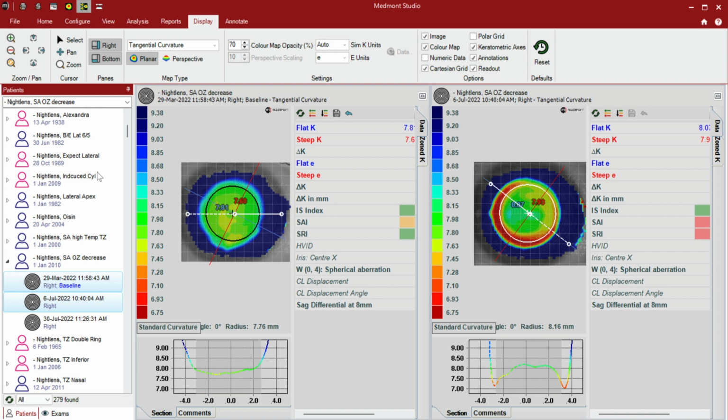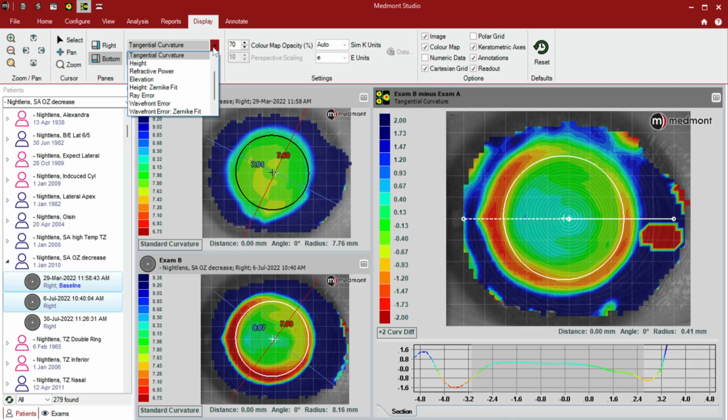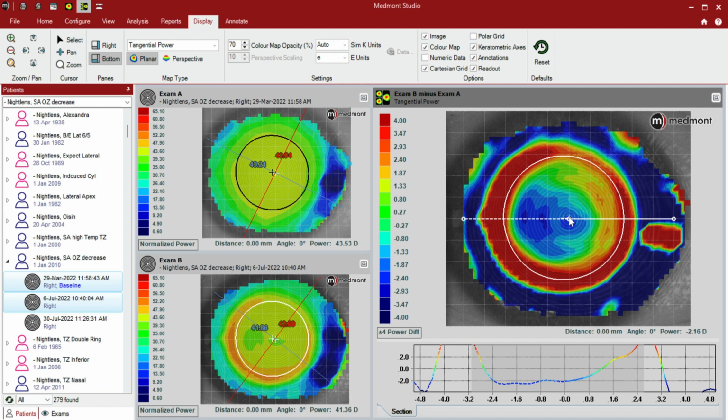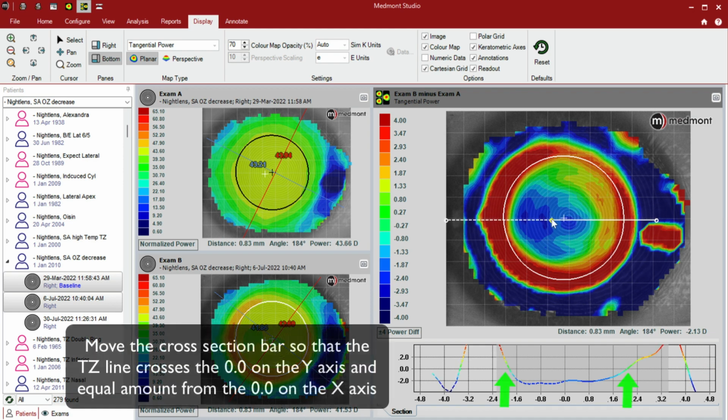So in this case, we've got a patient who is a night lens wearer, and you can see from the comparison map that the treatment zone is slightly decentered. So we're looking to line up this cross-section bar where the green crosses.